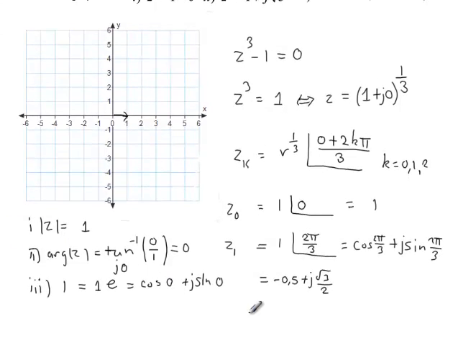Now we need Z2 equals 1, and if we multiply the angle by 2, that will be 4 pi over 3.